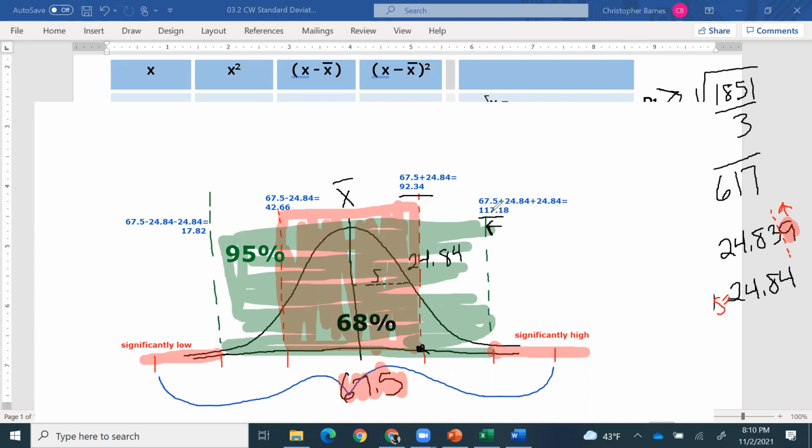That value is 117.18. We can do the same thing on the negative values. 67.5 minus that value twice. So right before it becomes significantly low, that value is 17.82.